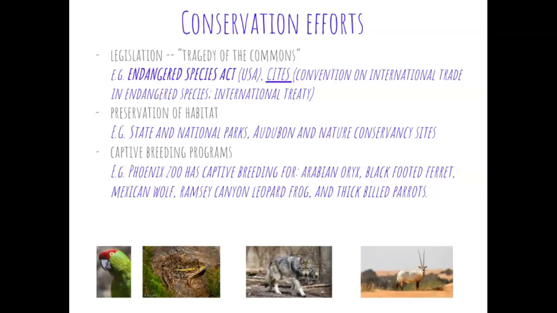It has kept them from going extinct. There's what we call CITES, which is the Convention on International Trade in Endangered Species. This is an international treaty that many nations have agreed on, that makes it illegal to trade either the parts or live individuals of species that are on their list of protected species.